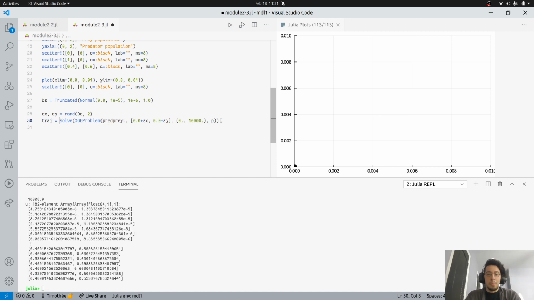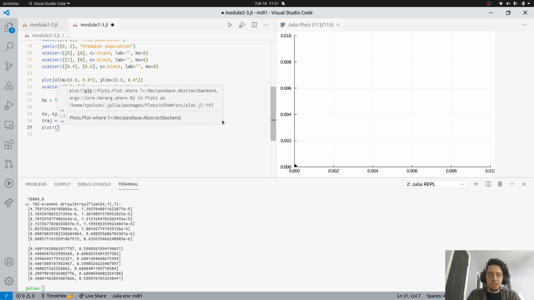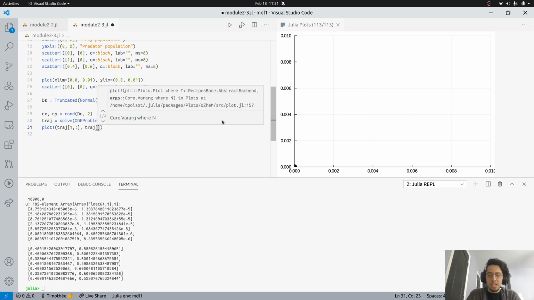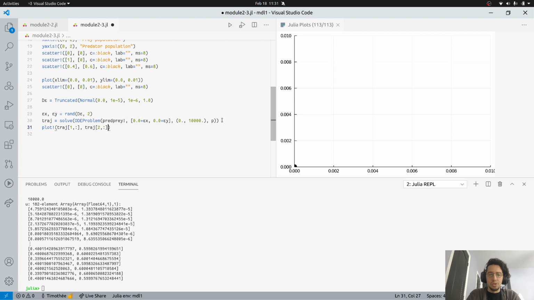So let's have a look. If we want to have a look at that, we call the plot function and call trajectory 1 and trajectory 2, with no label, alpha equal 0.1, and c equal teal.